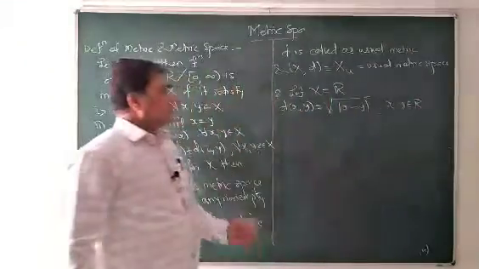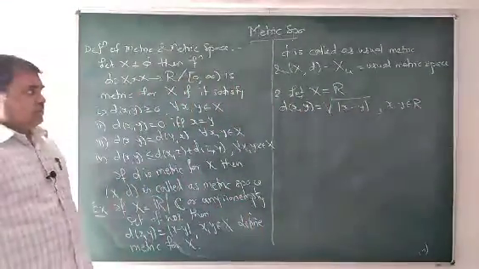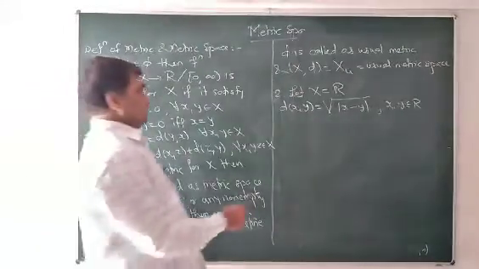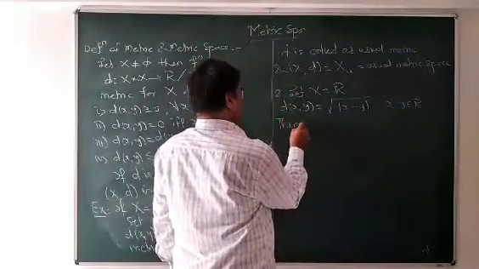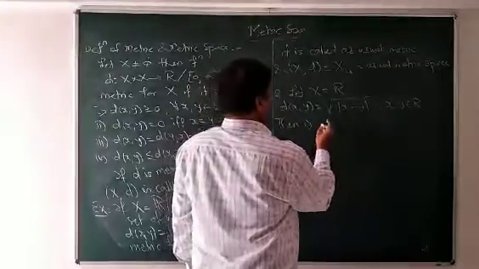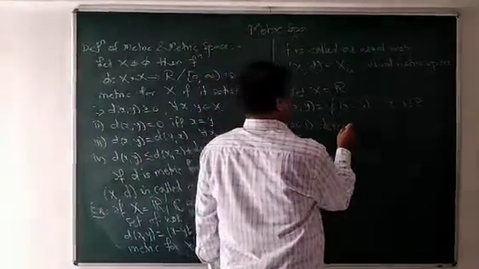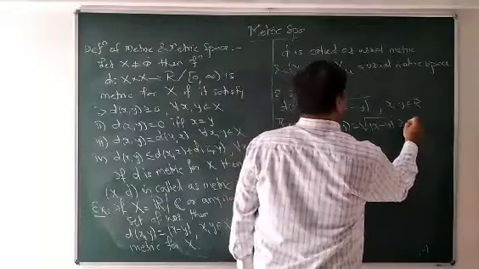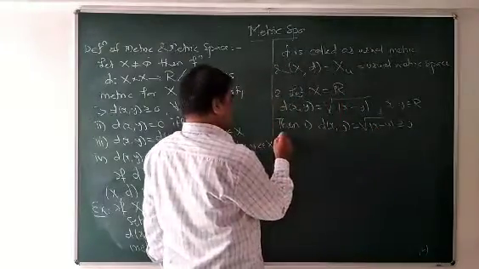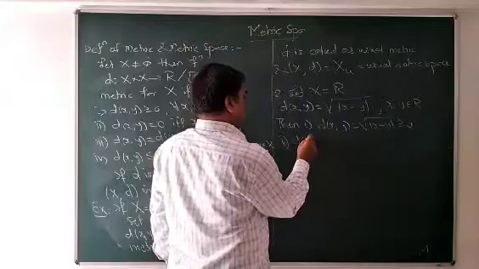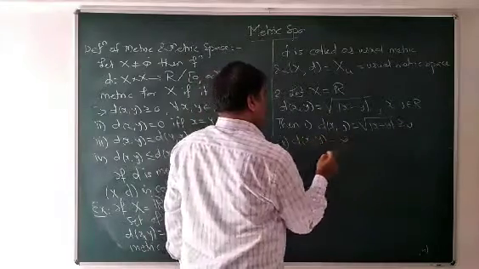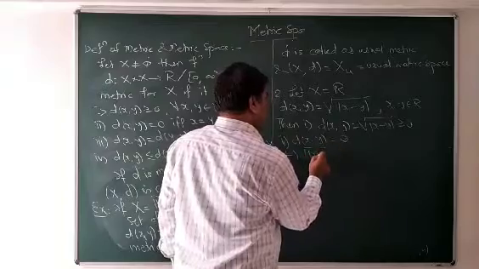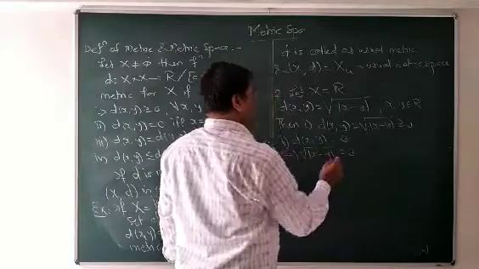Now this is not the usual distance. I am defining the function in this way. Then, one: d of x, y is equal to the square root of mod of x minus y, which is greater than or equal to 0. Second, d of x, y is equal to 0 if and only if the square root of mod of x minus y must be 0 by the definition of d.